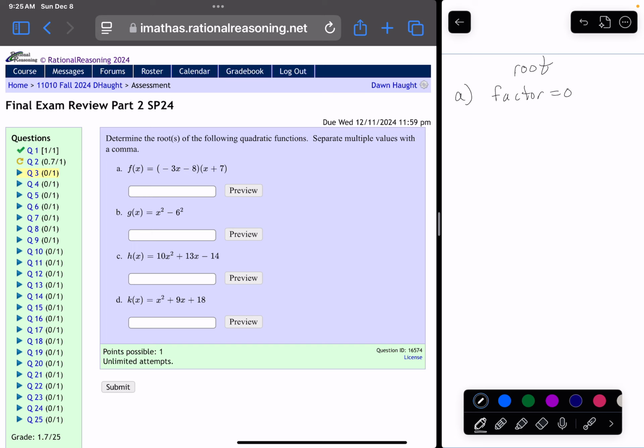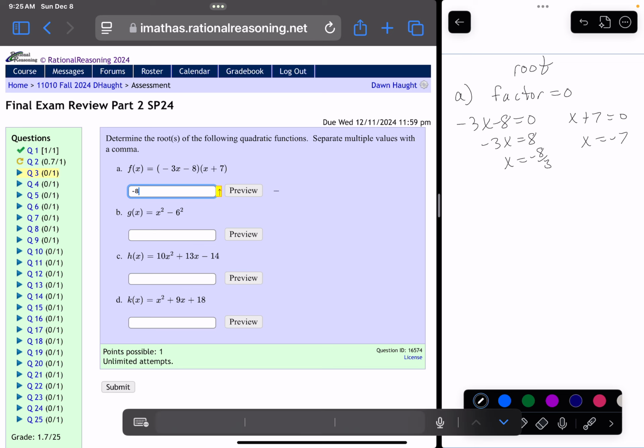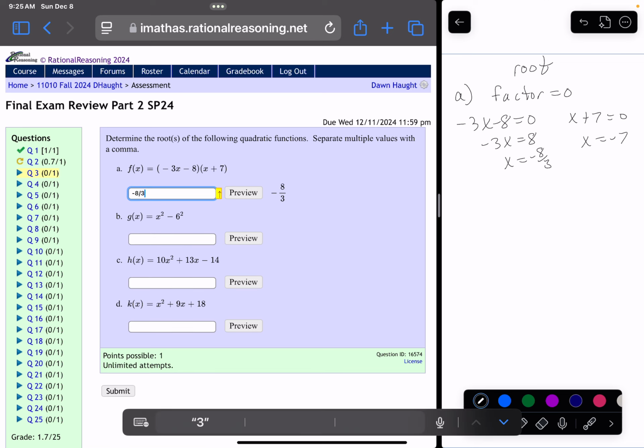So in A, we can just set negative 3x minus 8 equal to 0 and solve. You get negative 8/3. Then set x plus 7 equal to 0, and you get negative 7. Put negative 8/3, separate it with a comma, and then put the next one.